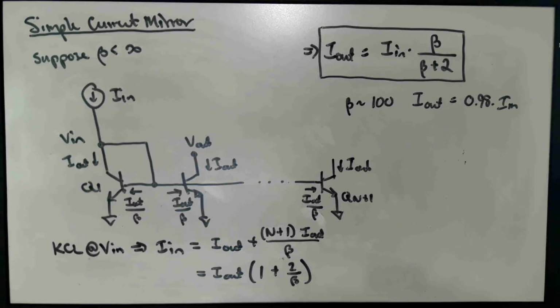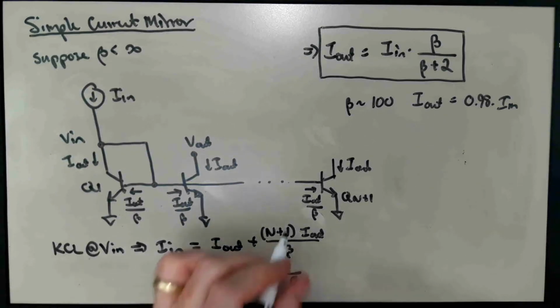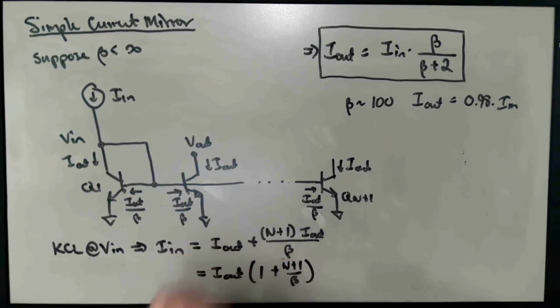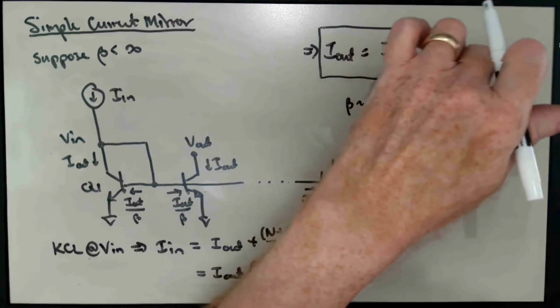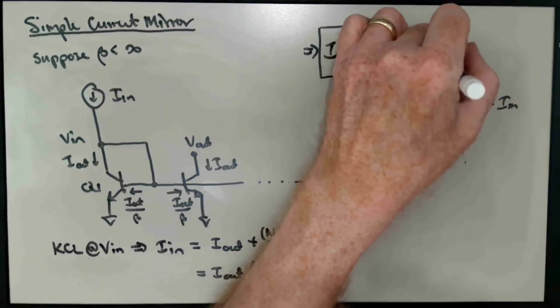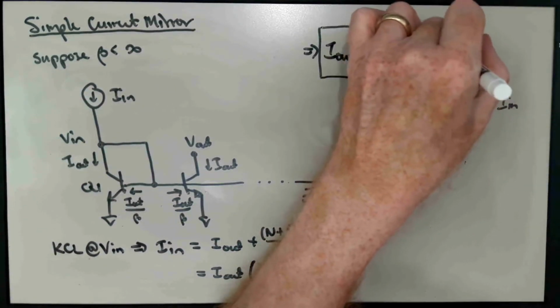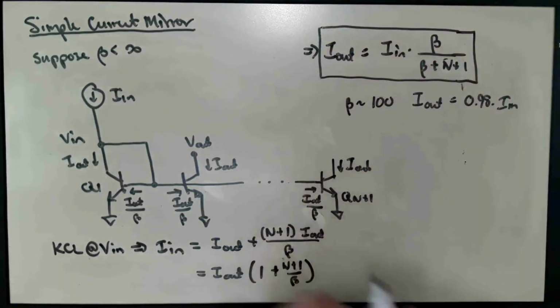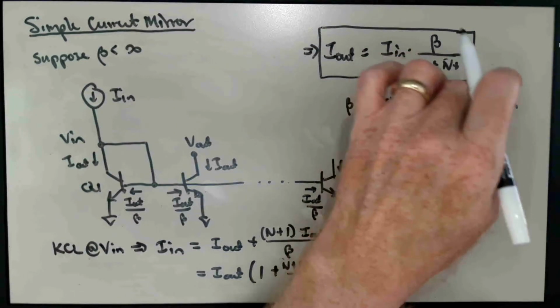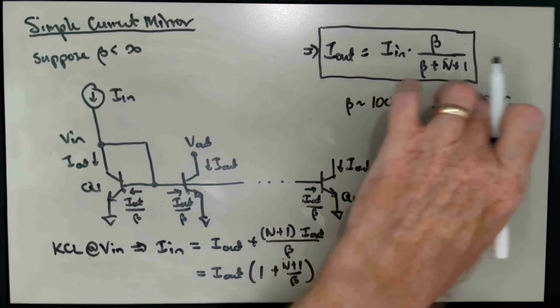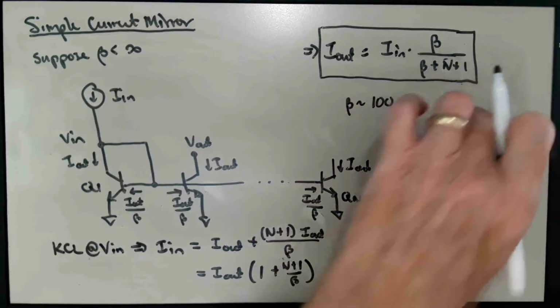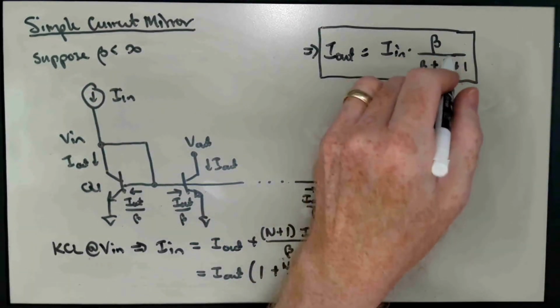If we have n output currents, and so rearranging, we would find that this is going to be beta over beta plus n plus 1. Right, so if beta is 100, then that is going to set us up with an upper limit on n.